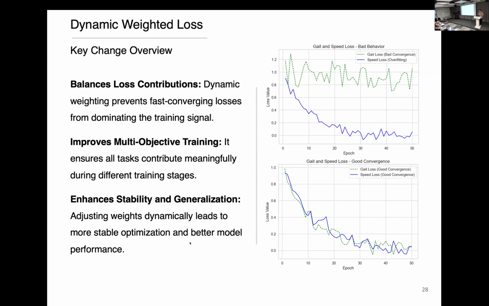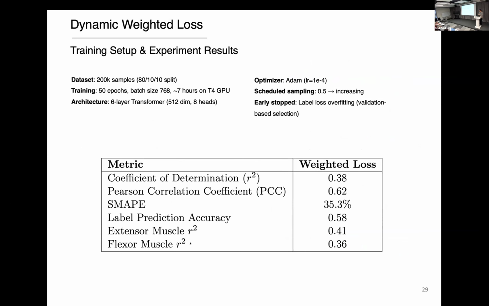That's why we applied dynamic weighted loss. We identified label cross entropy prediction as the most dominant, the fastest overfitting, and gate estimation as the slowest converging loss. For this one we achieved quite a bit better results, like 0.38 for R-squared.